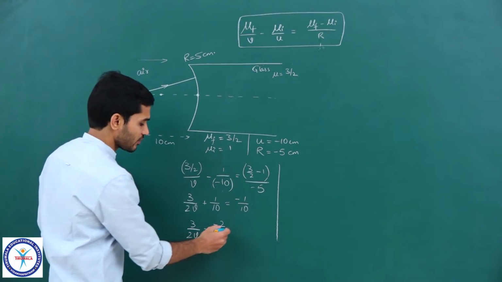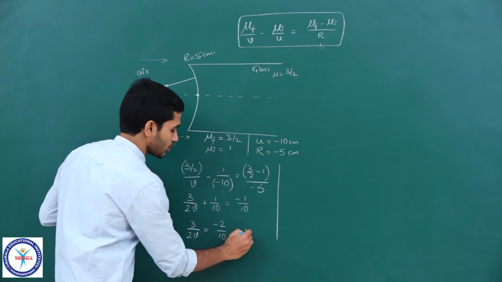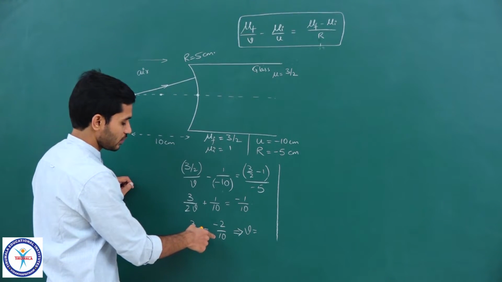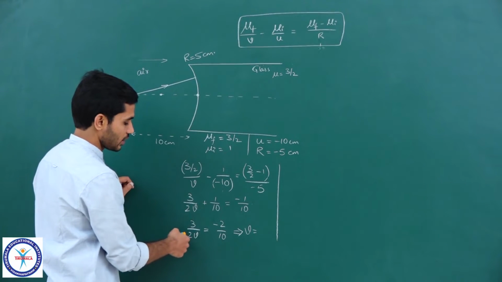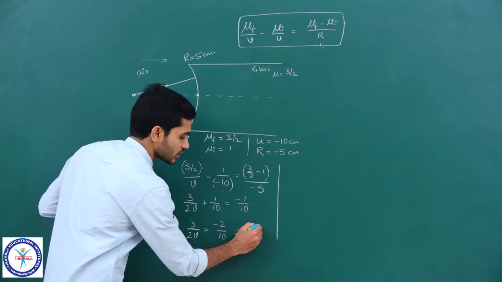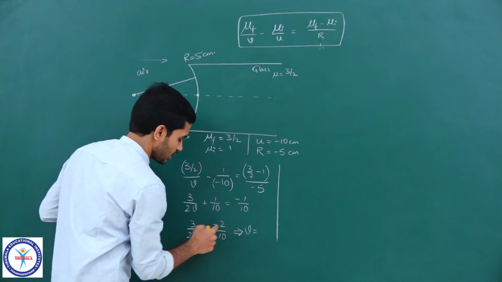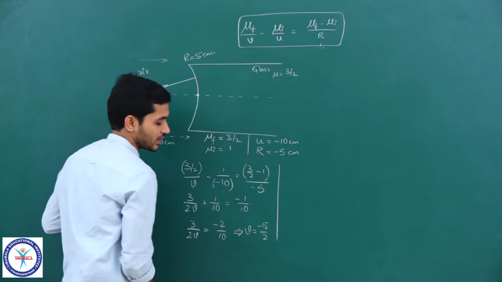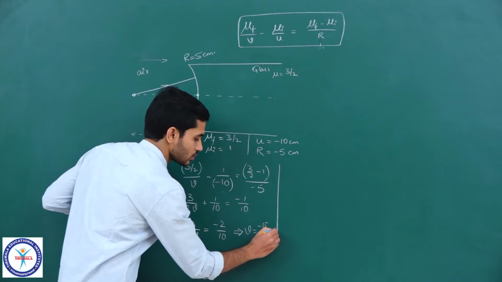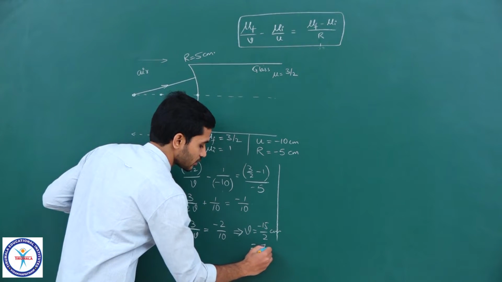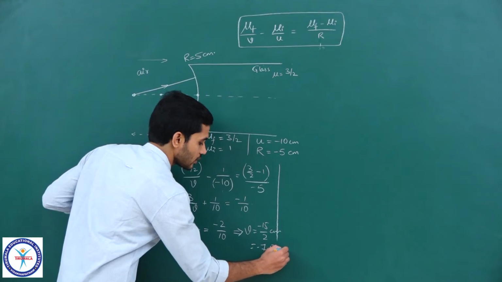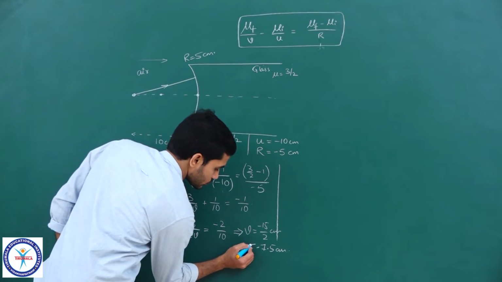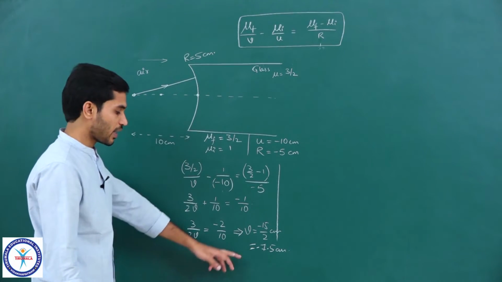That is it, students. Simplifying this will give you v is equal to 30 by 4, correct. So, 30 by 4 is 15 by 2, but there is a negative sign. So, minus 15 by 2 centimeters, which is minus 7.5 centimeters, clear? Okay. So, we found the image at minus 7.5.